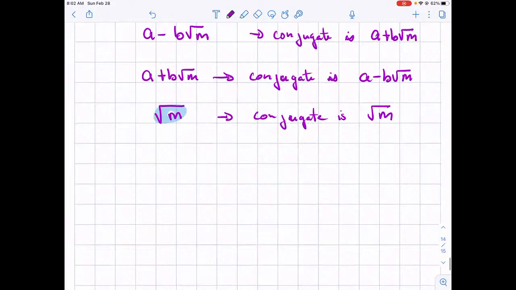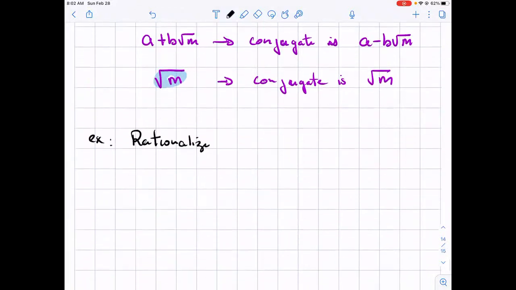So if I now ask you to rationalize, for example, let's rationalize 5 over 2 square root of 3.